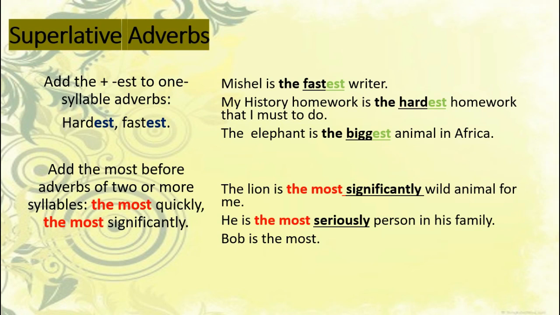Okay, we add the most before adverbs of 2 or more syllables. The most quickly, the most significantly. For example, the lion is the most significantly wild animal for me. He is the most seriously person in his family. Bob is the most seriously person in his family.